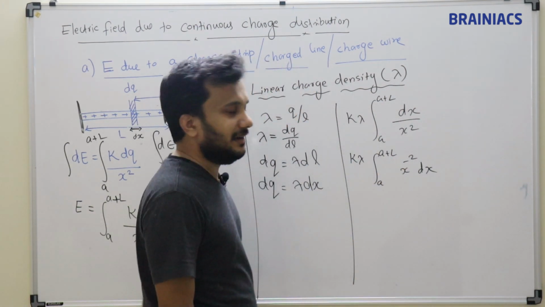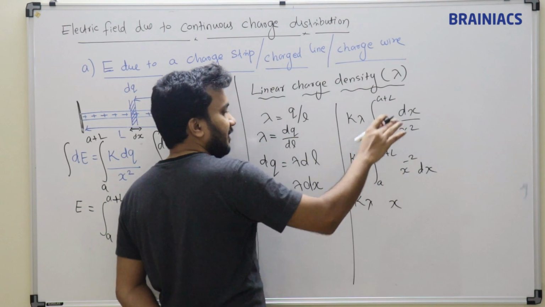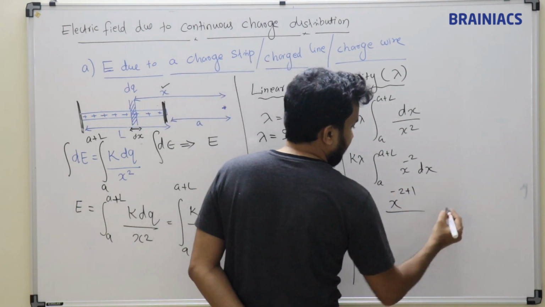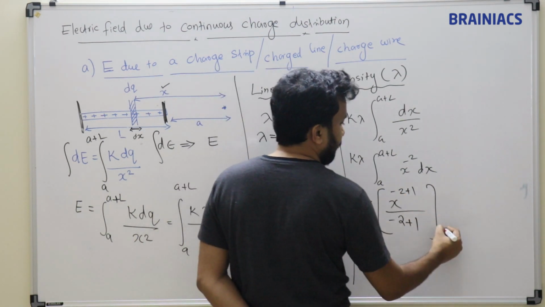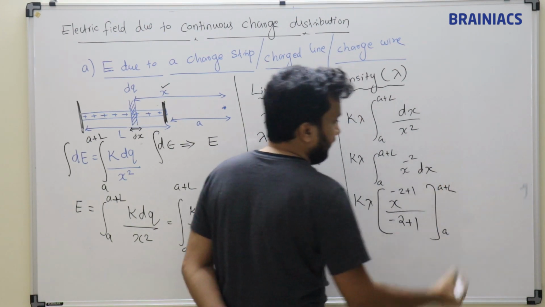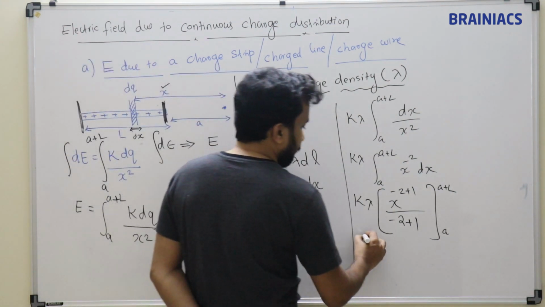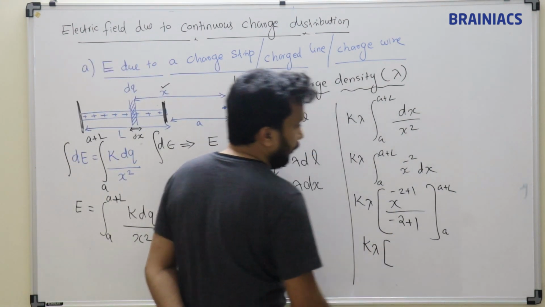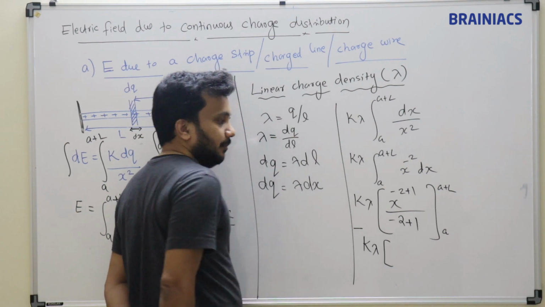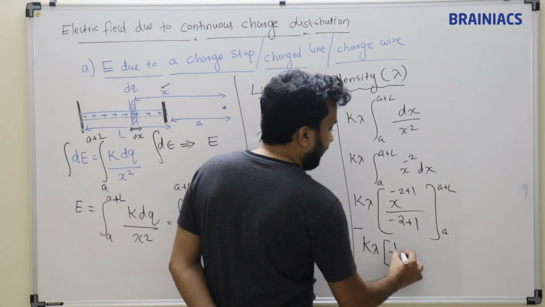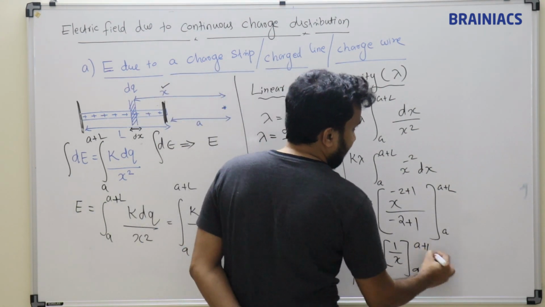Now the integral of x raised to n: so k lambda into, we are integrating x raised to n plus 1 divided by n plus 1, which means minus 2 plus 1. Integration is over. We have to apply the limits from a to a plus l. So what will this finally come to? k lambda into x power minus 1, that is 1 minus 1, so minus k lambda times 1 by x, with limits a to a plus l.